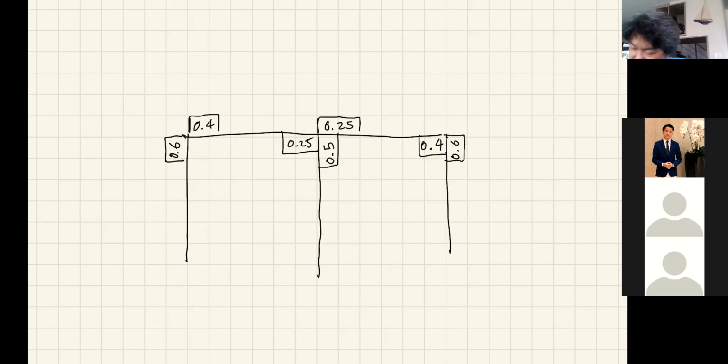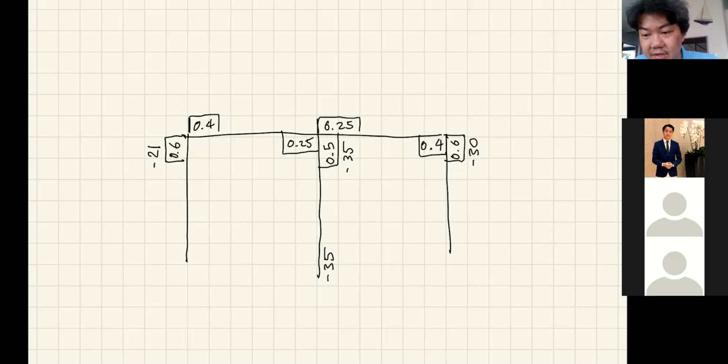Remember that this is the trial for the sideway, so your fixed end moment will be only with the columns. Your beams do not have the sideway issue, so that is minus 21, minus 35, minus 35, and minus 30.